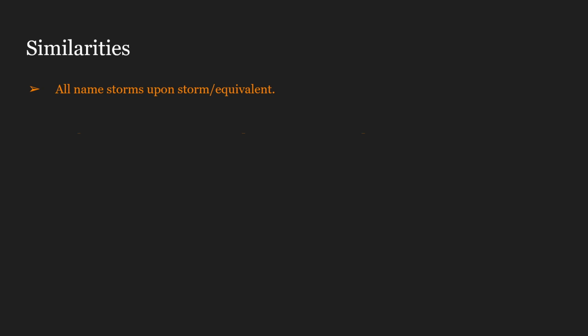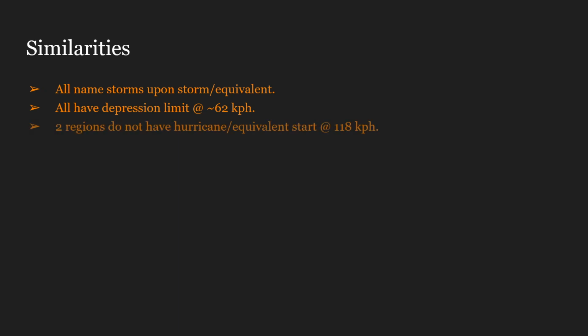For example, all agencies name tropical systems upon reaching tropical storm status or equivalent on the Saffir scale. All of them have a depression, so to say, limit of around 62 kilometers per hour, which makes that very even across the board, thankfully.